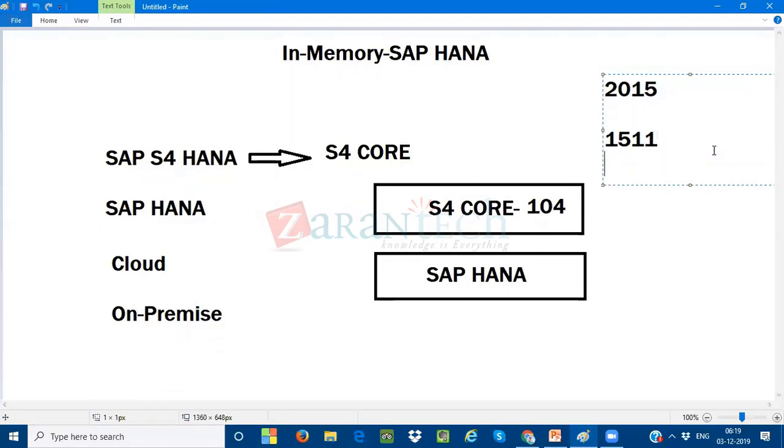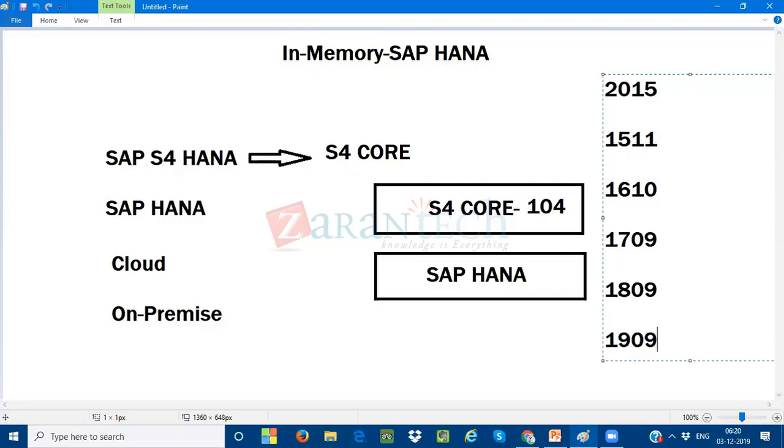Then, talking more about on-premise, 1610, 1709, 1809, and today we are in 1909, the on-premise release of 1909. This 1909 is called S4 Core 104. I mean, the release is going to be called the 104 core application module.